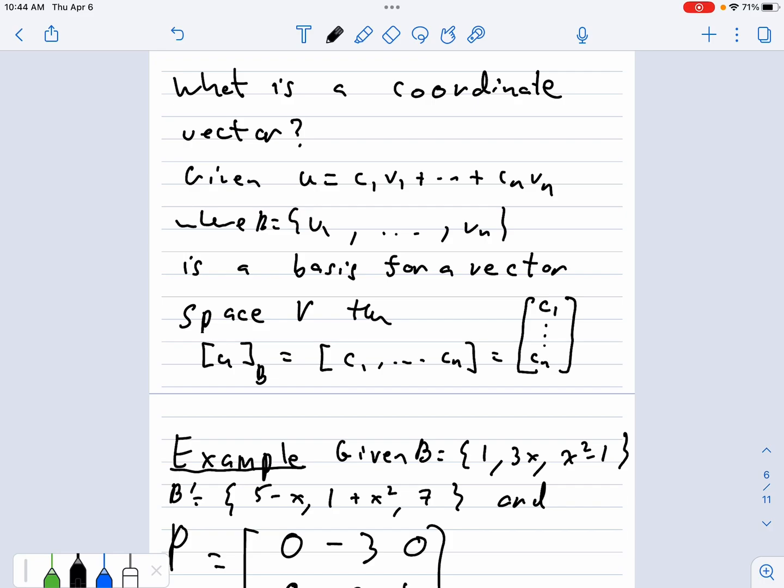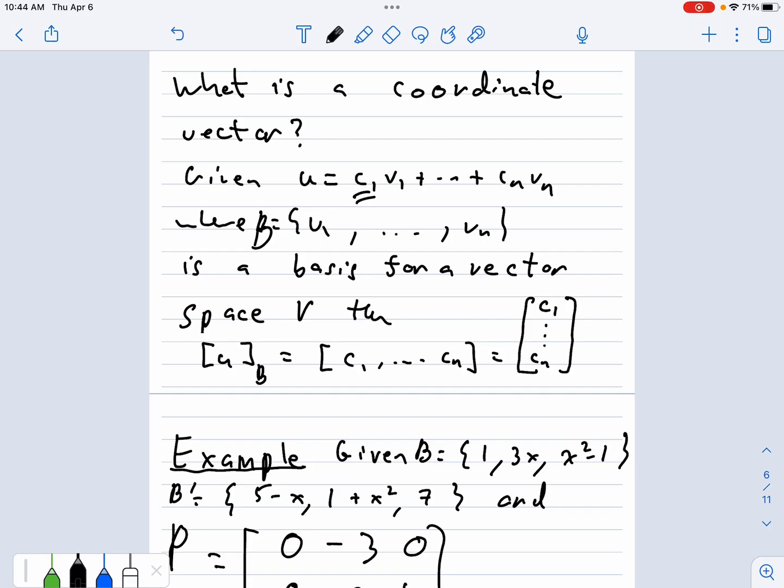If you're given any vector u, and you write it out as a linear combination of vectors which form a basis, so let's say v1 through vn are basis vectors for some vector space, and we call that set B that contains all those basis vectors.